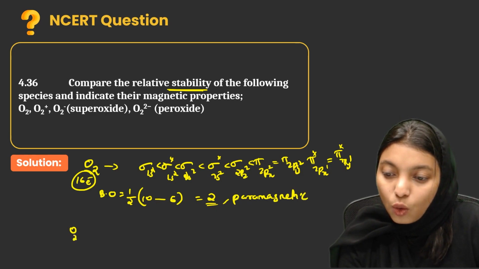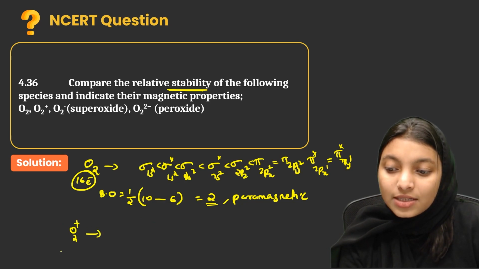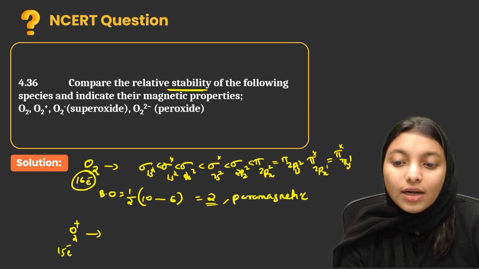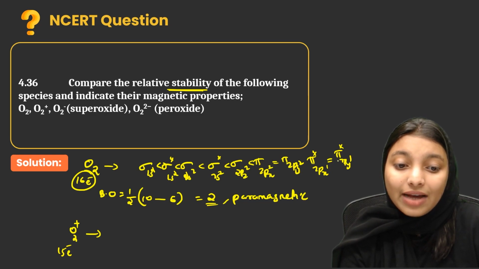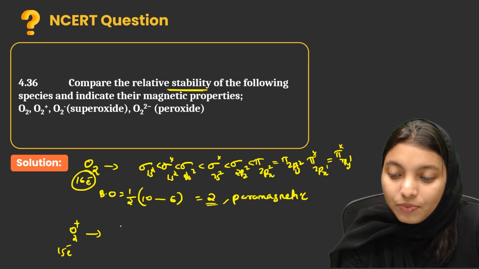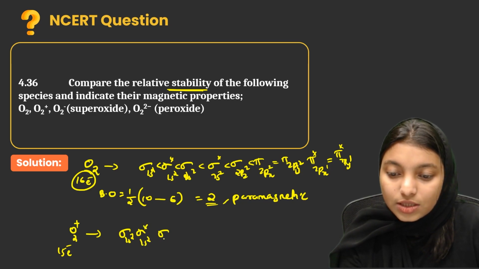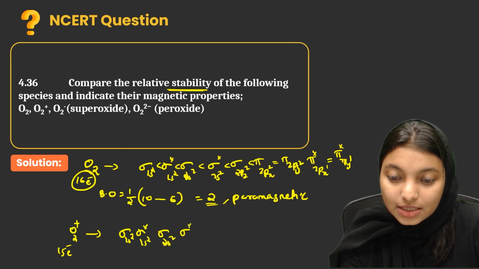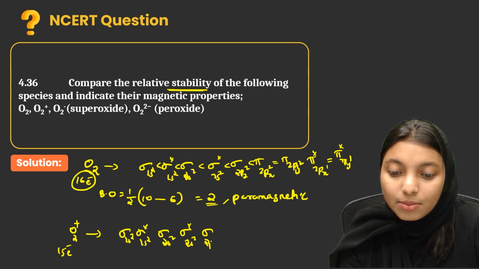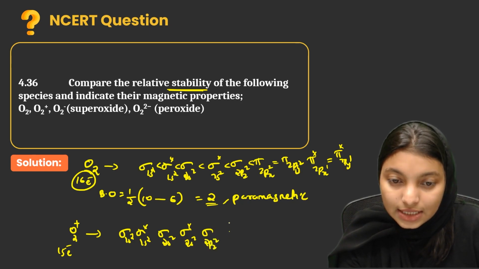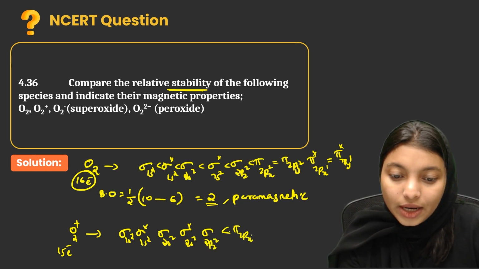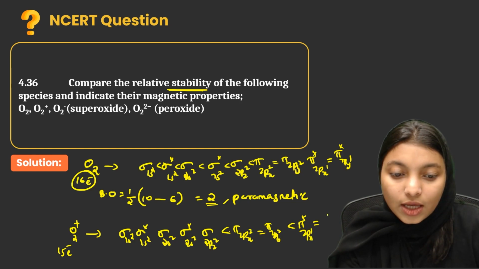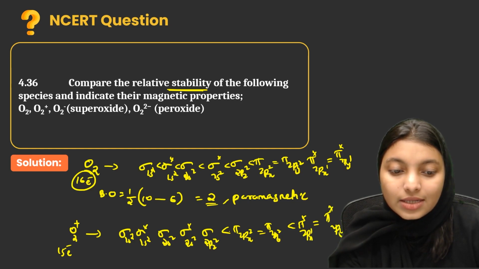Now when it comes to O2 plus, that means 15 electrons. Here the only difference will be that we will be having only pi star 2px1. So it will be sigma 1s2, sigma star 1s2, sigma 2s2, sigma star 2s2, sigma 2pz2, pi 2px2 equal to pi 2py2, pi star 2px1 equal to pi star 2py0.